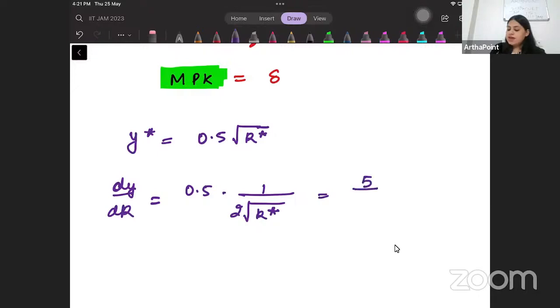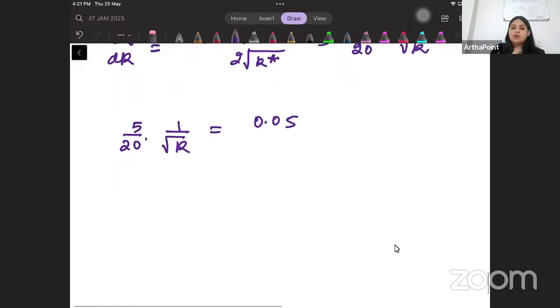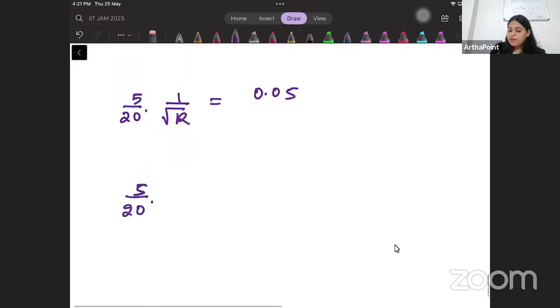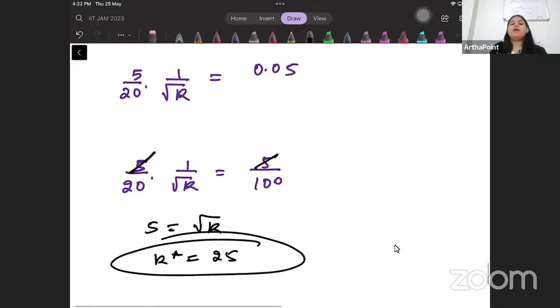So this will be 5 by 20 into 1 by root K. This has to be equal to the depreciation rate, and the depreciation rate is given as 5%. So 5 by 20, 1 by root K has to be equal to 5 by 100. So 5 has to be equal to root K. So K star will be the square, 25.